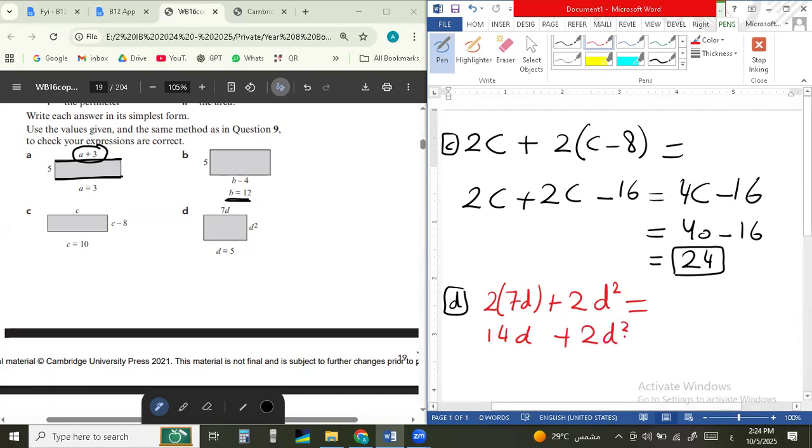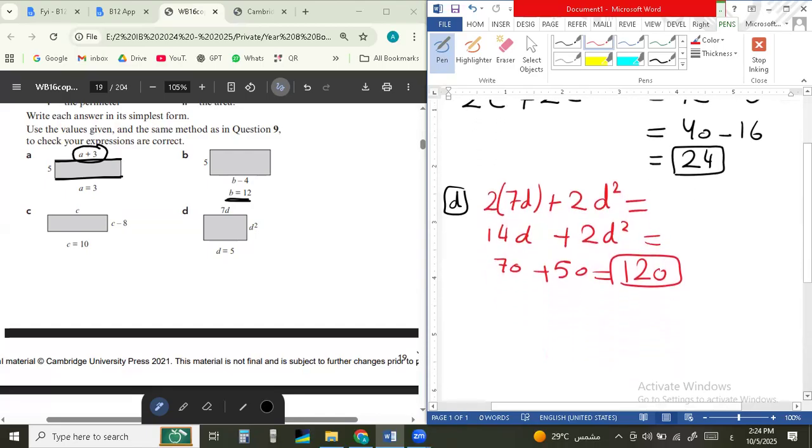When D is 5, 14 times 5 is going to give you 70. Plus, when D is 5, 5 squared is 25, times 2 is 50, which is 120. The area, how can we do it? Let's continue.